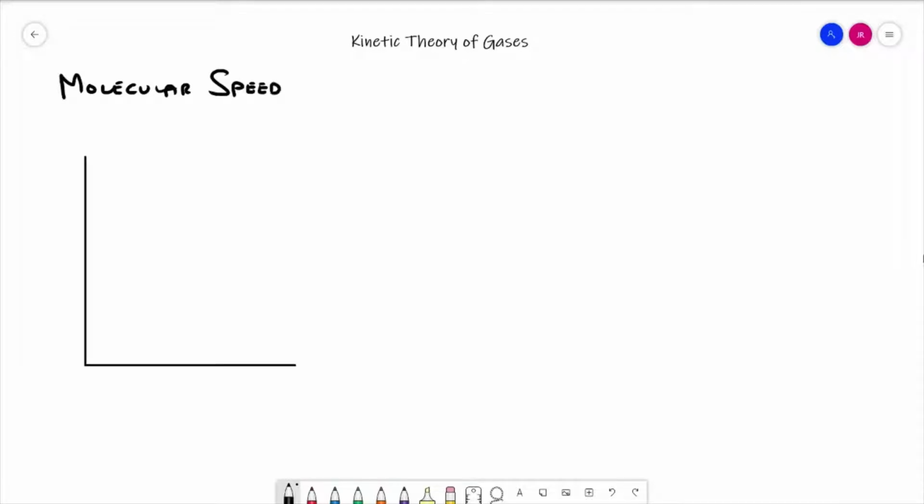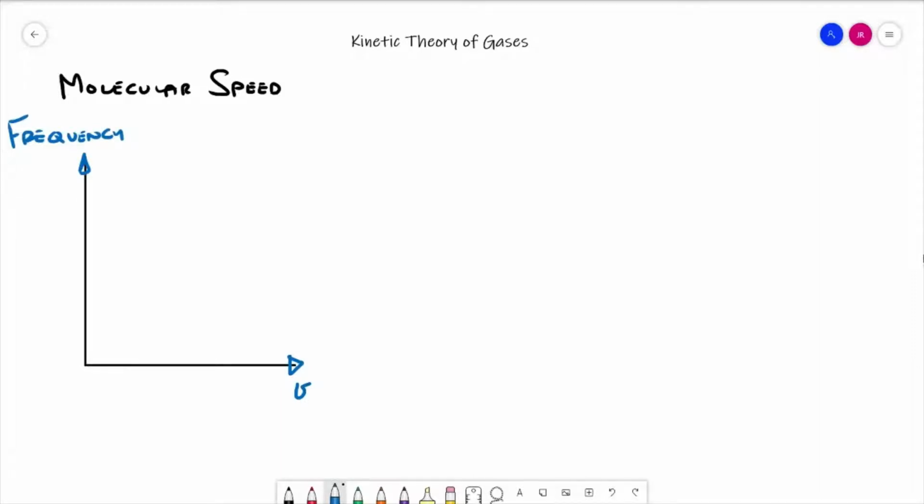Firstly then, I want to have a look at molecular speeds. And the first thing that I want you to have a think about is this. Firstly, if we were to draw a graph of sort of molecular speed, molecular velocity, as a frequency distribution.